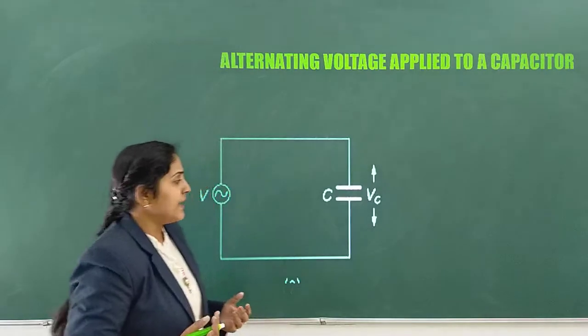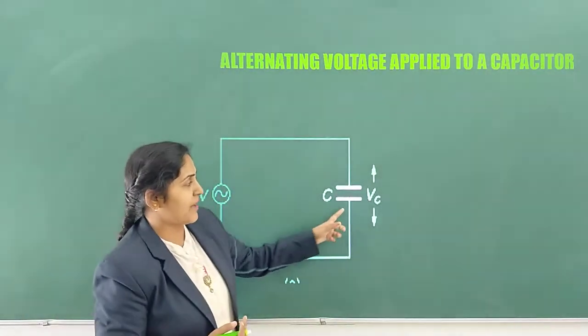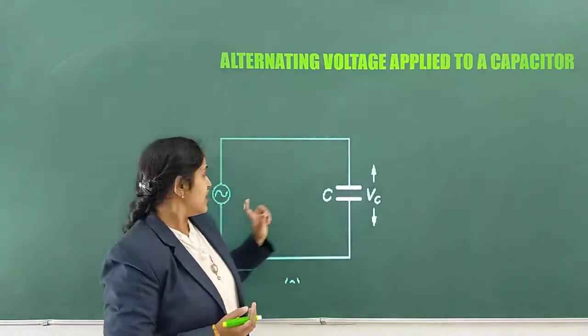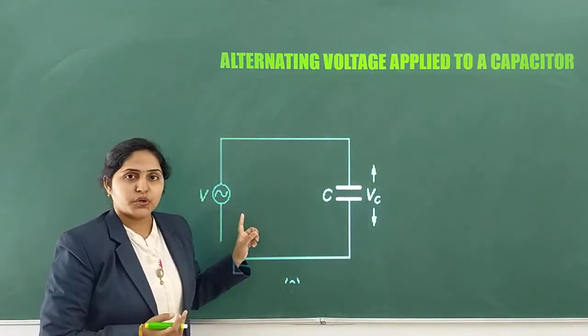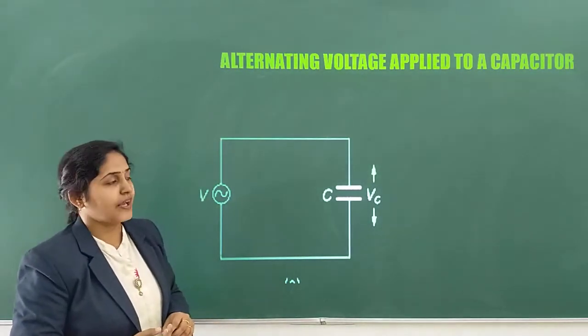This is a circuit symbol showing that. This is a capacitor having voltage Vc across the capacitance, and this is the input AC voltage source connected to the capacitor.